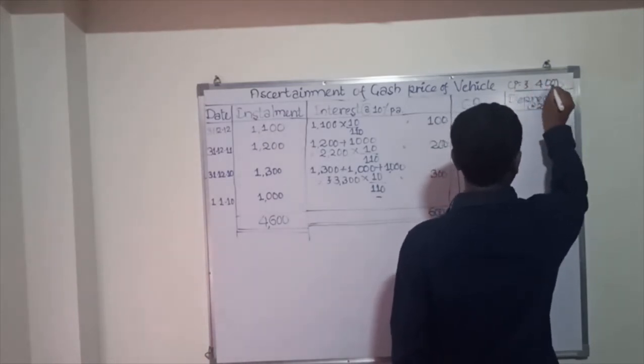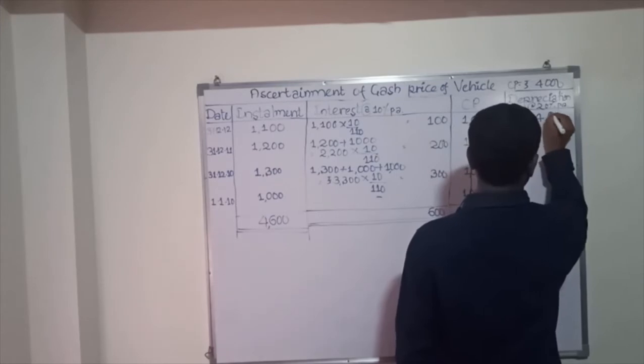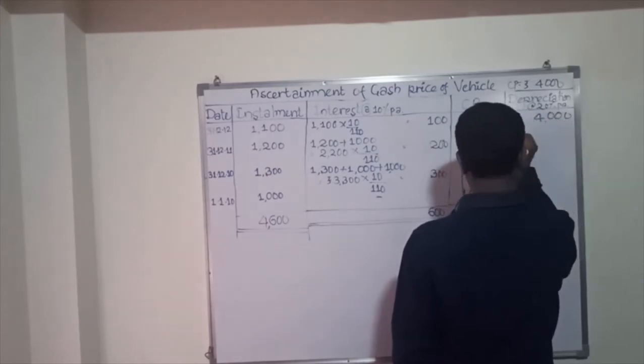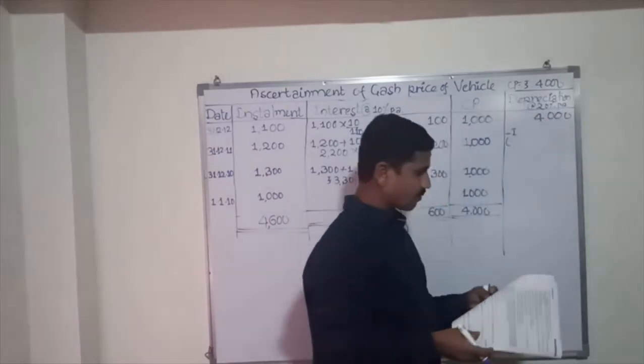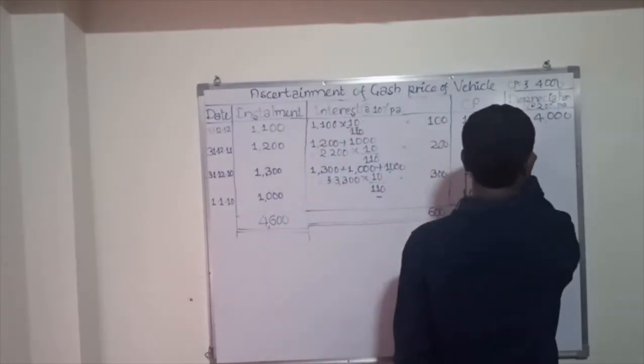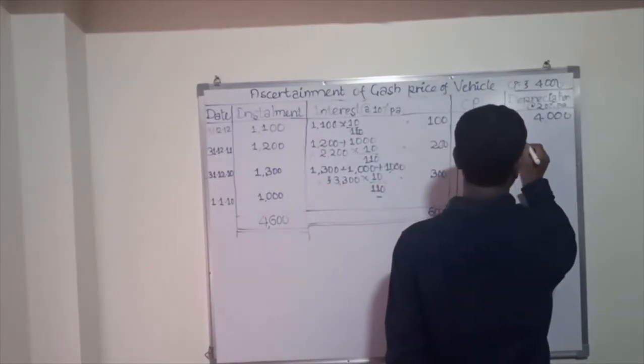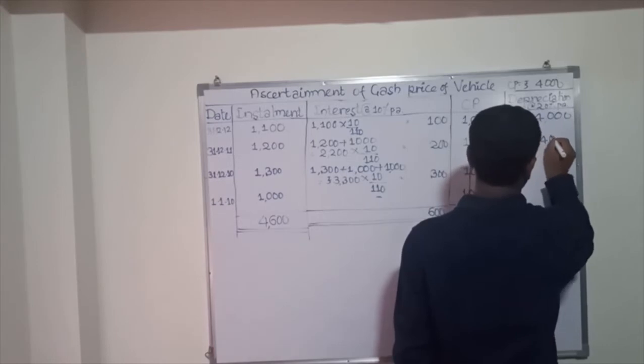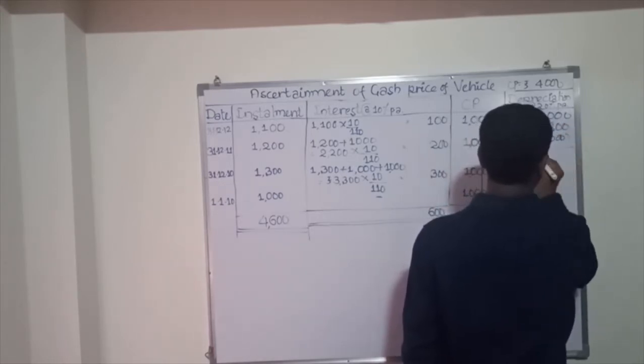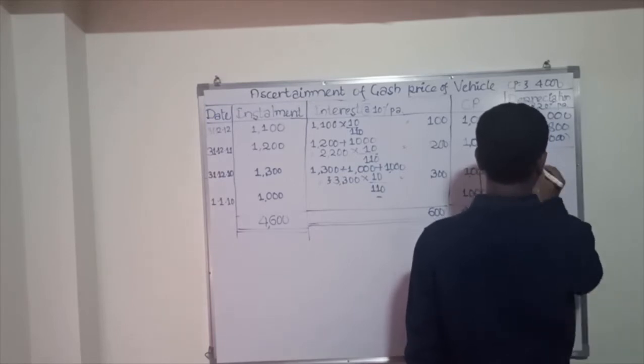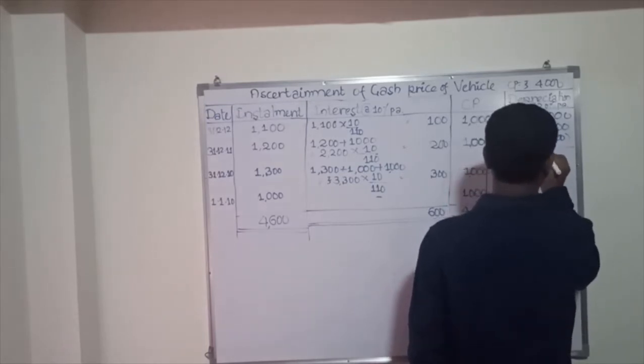So now we should allow the depreciation here. So 4000 first year. The rate of depreciation I have already written here, it is 20%. So 20% of rupees 4000 comes to rupees 800. So the difference here is 3200.